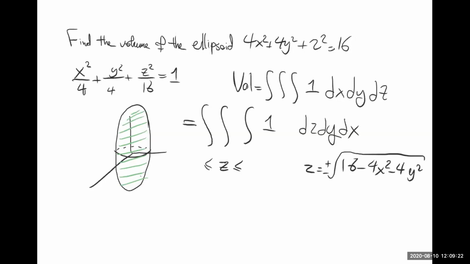So these are the bounds for z: minus the square root of 16 minus 4x squared minus 4y squared to the square root of 16 minus 4x squared minus 4y squared.